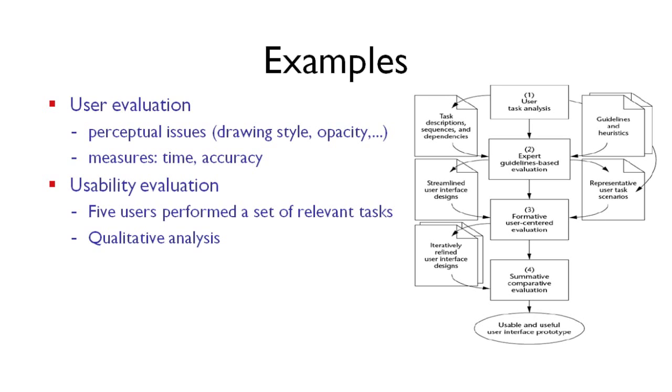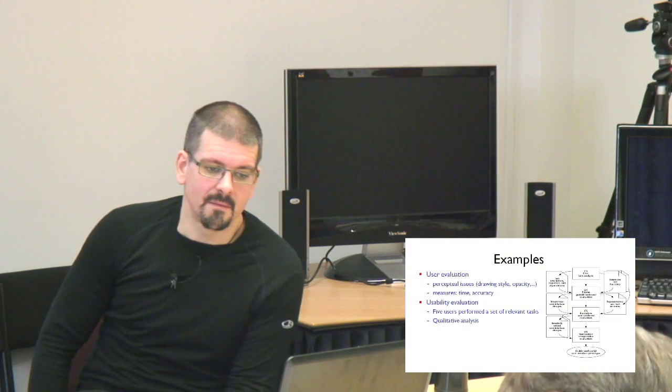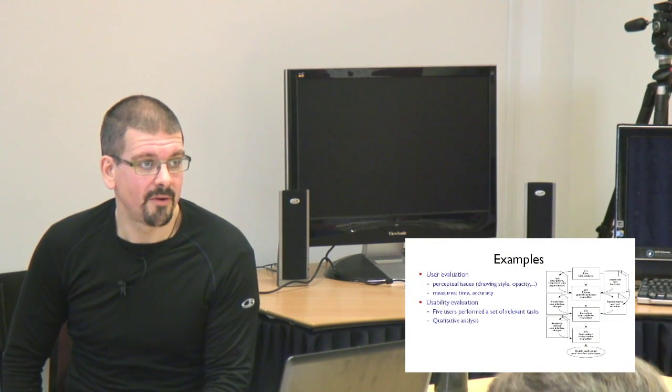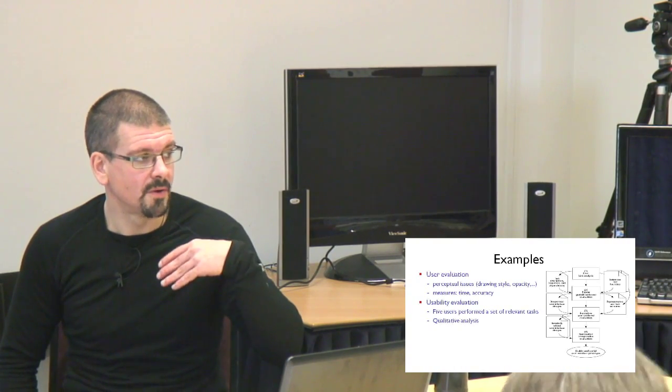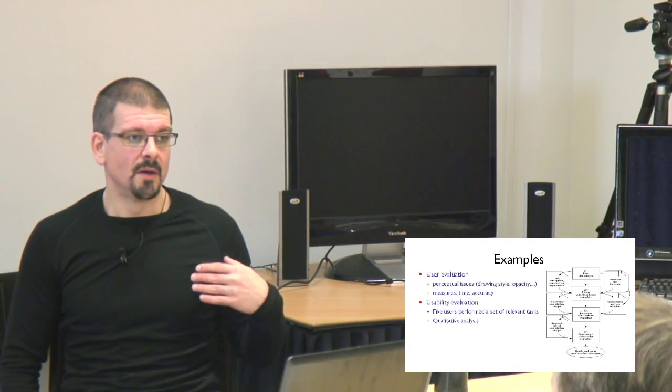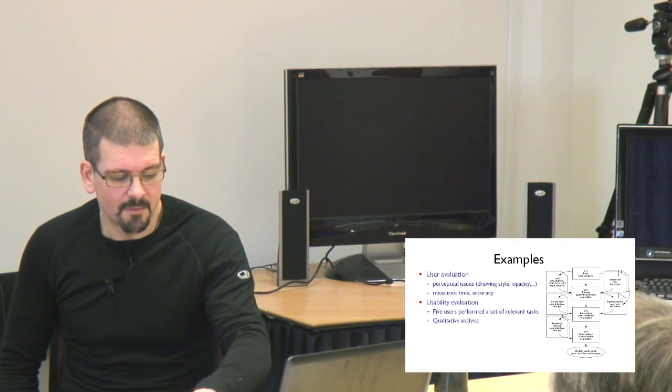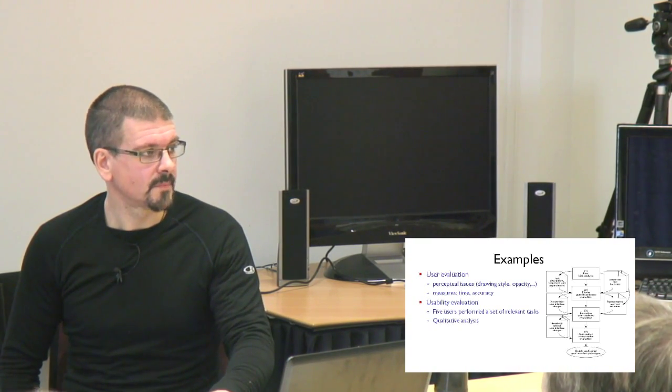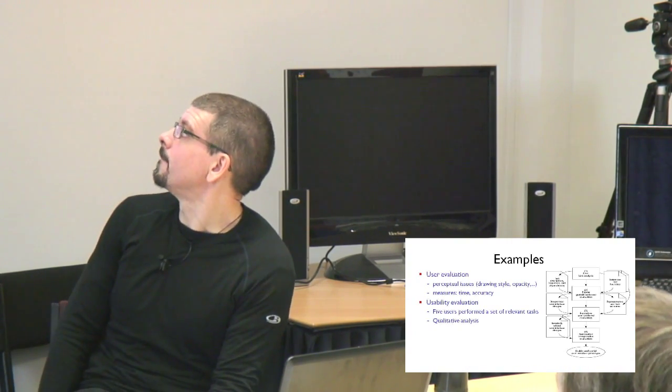Next step was they developed low-level prototypes and did some expert-based evaluations. They said, no, you don't need users at this stage. Potentially, you can do some of your studies with experts in early stages to give you quick input on whether you're on the right track or not.